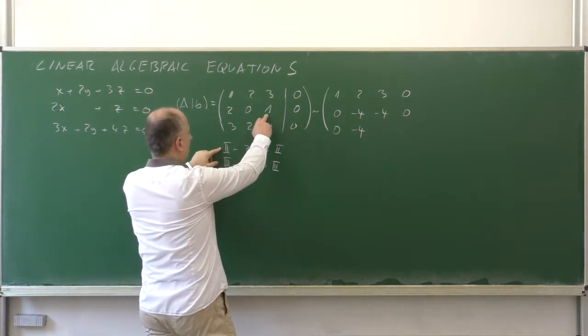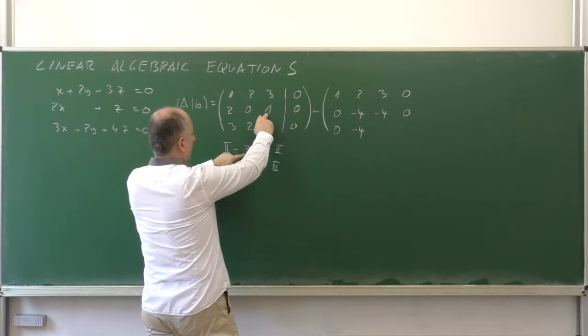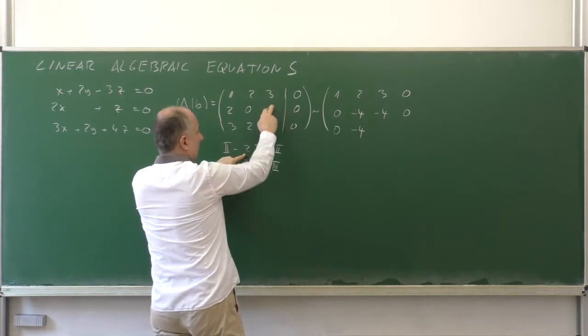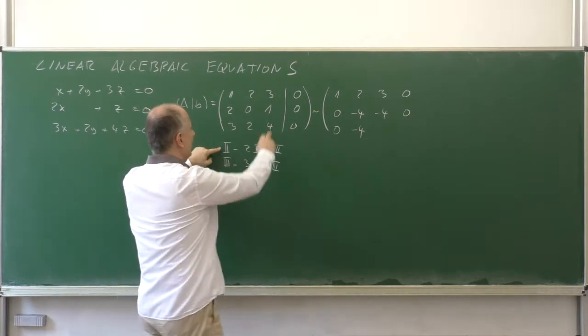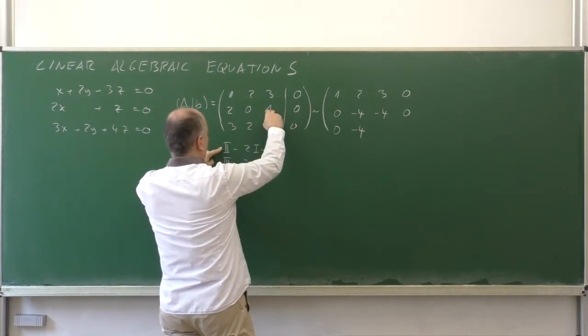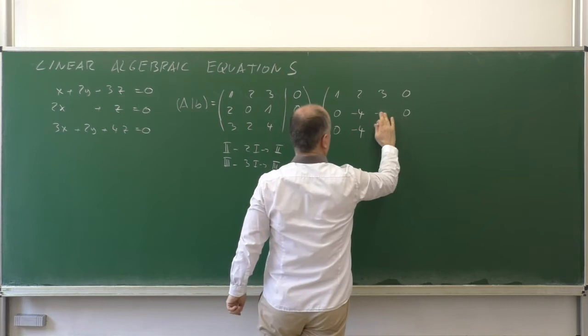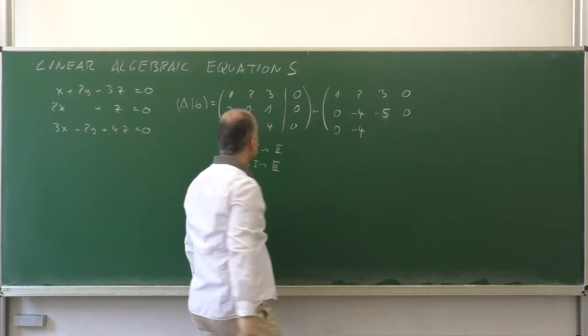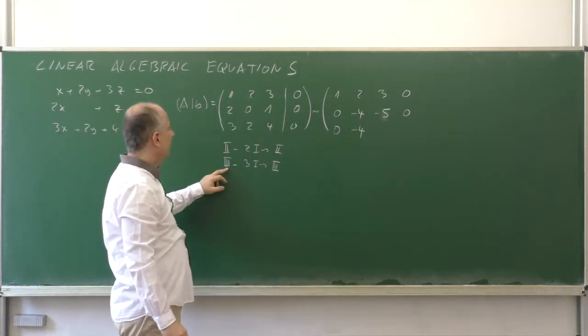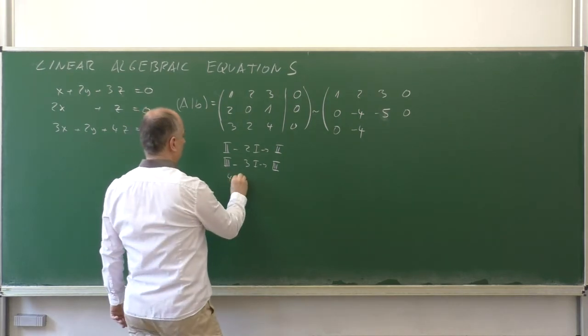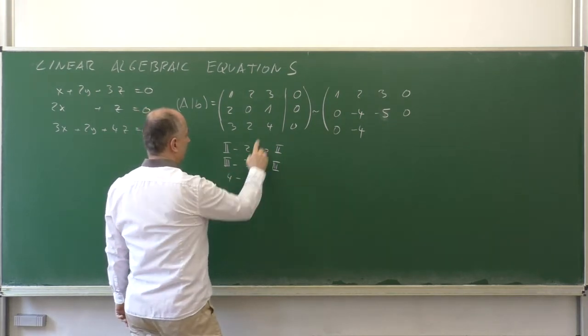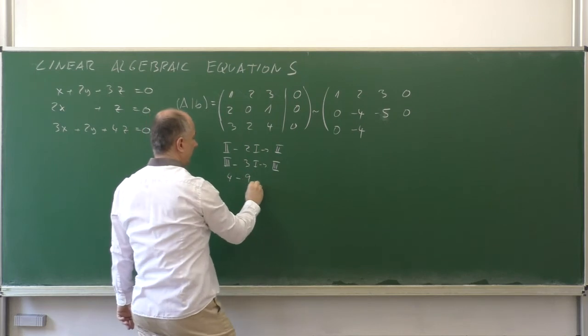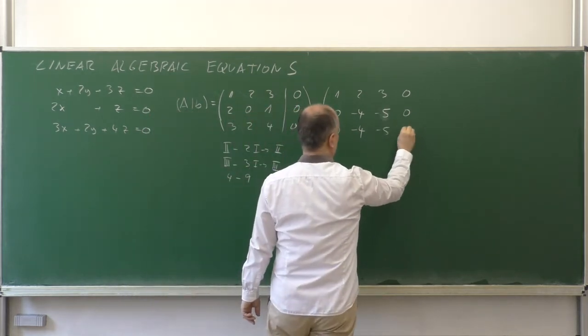No, here we have 1 minus 6 is minus 5. And here we have 4 minus 9 is minus 5, 0.